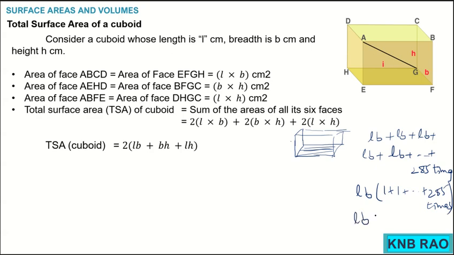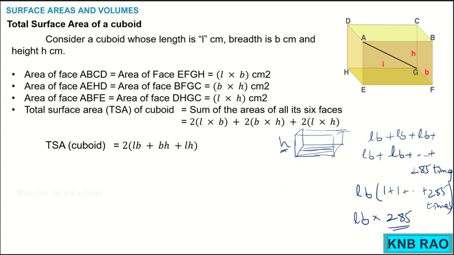That means LB is multiplied by 285 pages. What is this 285 pages? It only gives the height. If I think each paper is 1 mm, that means 285 mm, which is nothing but 28.5 centimeter, which gives the height. So that's how the volume comes.